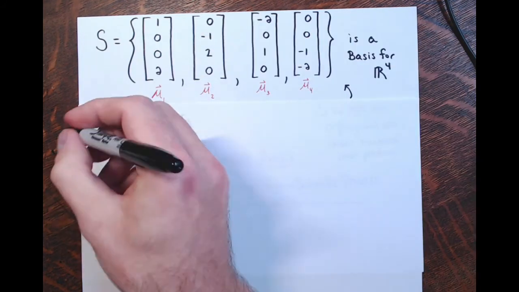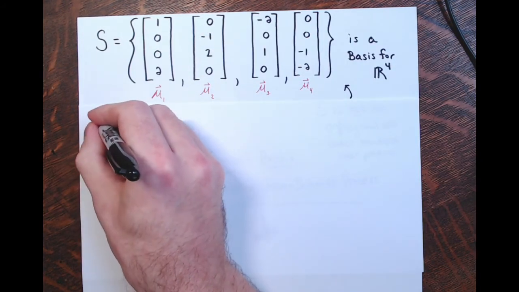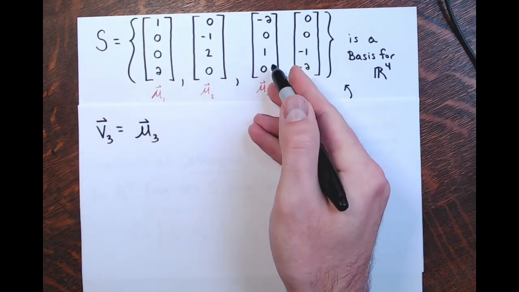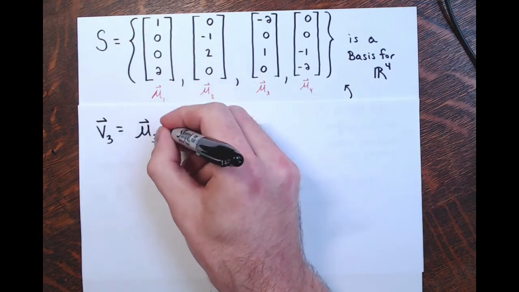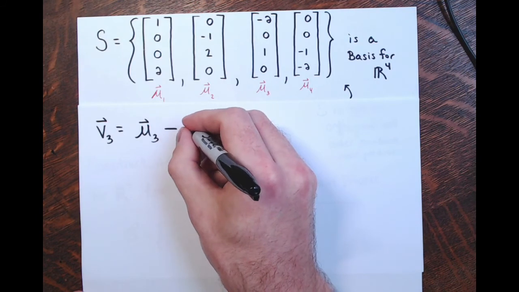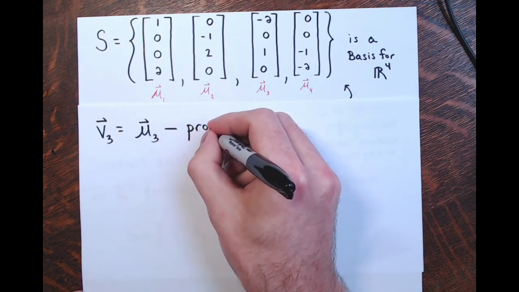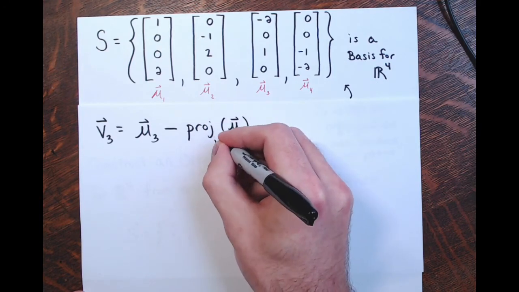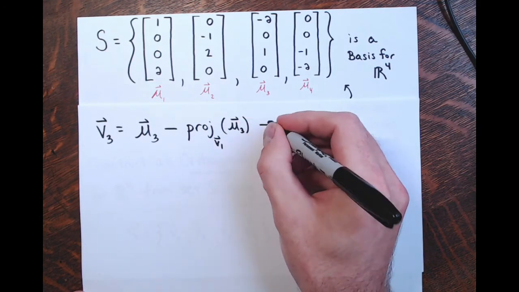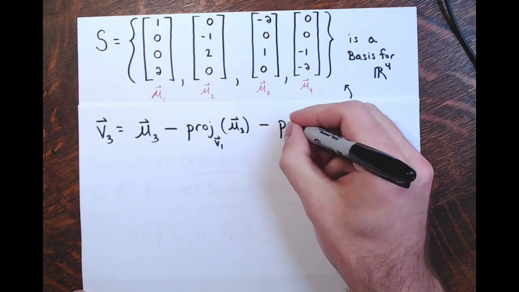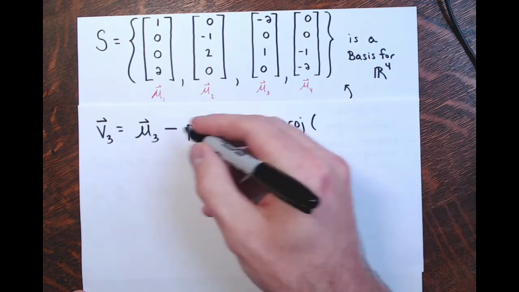Now for the third vector, V3, I take U3, the third vector from my original basis, and then I'm taking away two projections: the vector projection of U3 onto V1, and also onto V2, all the previous new vectors that I've constructed.